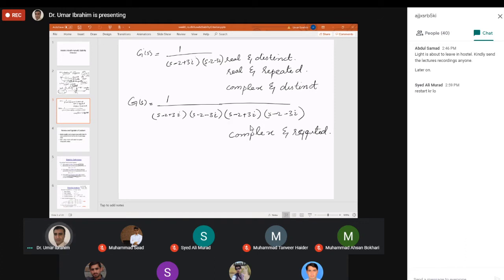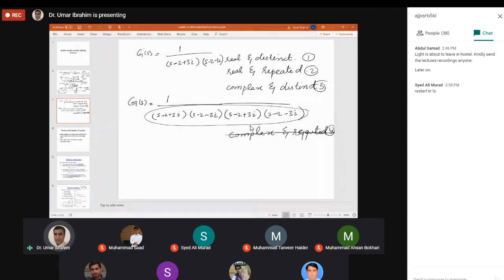So these are the four cases of roots. And those four cases correspond to the four conditions of a second order system. Not this one, because this is a fourth order system.